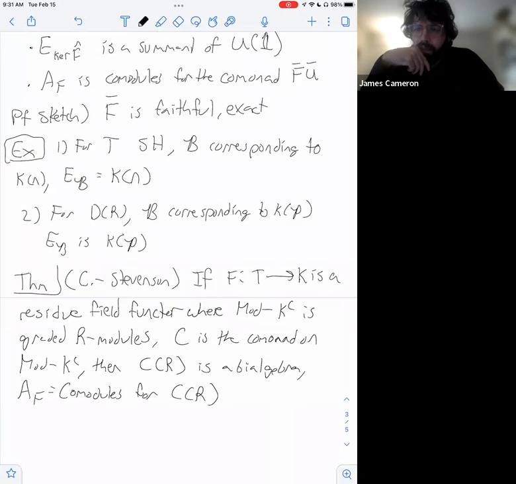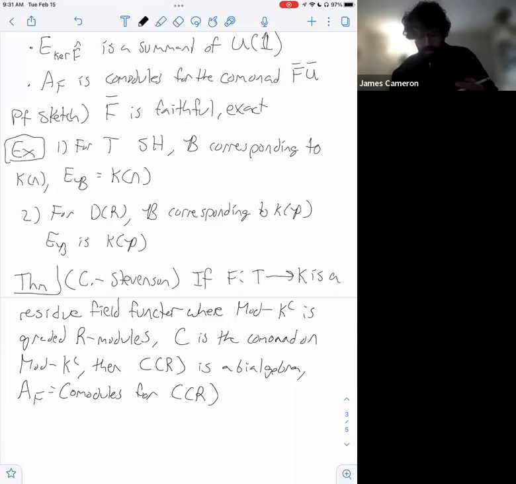So I can identify this comonad as just given by tensoring with this bialgebra. So then I have a more concrete description of this thing depending on your point of view.